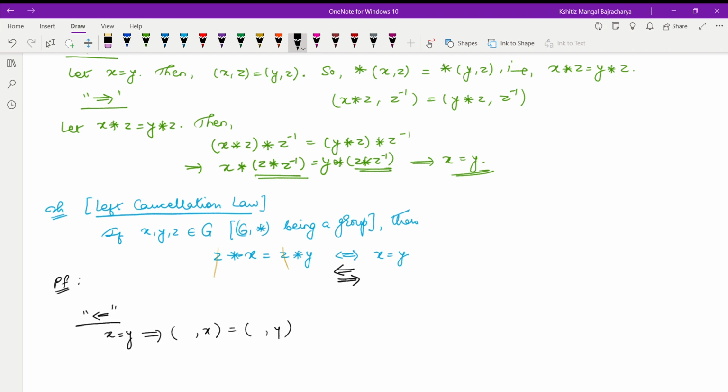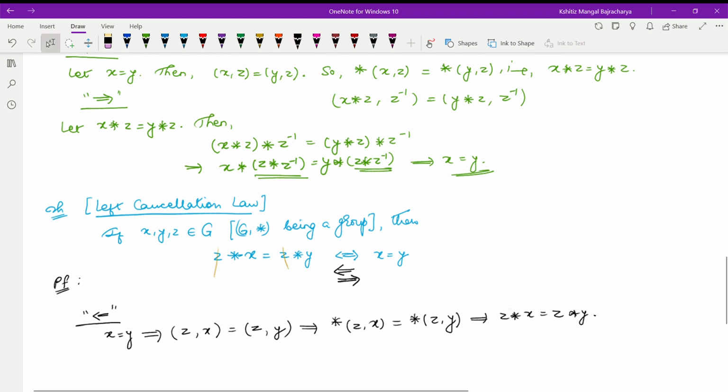Since x and y are equal, the second components are equal, and z is equal to z, so the first components are equal. So these two ordered pairs are equal. Taking them as inputs in the function star, we're going to get the same value, which means z star x is equal to z star y.